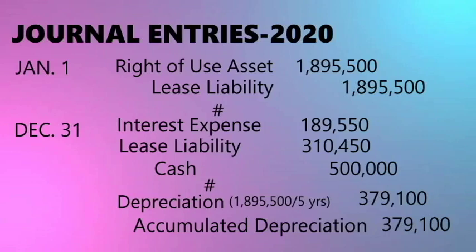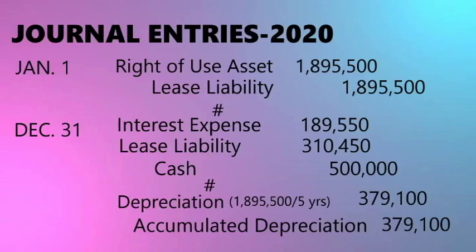So, nung December 31, kailangan din natin mag-record ng depreciation. So, dito, dahil parehas yung amount ng right of use asset and lease liability, yun yung gagamitin natin. Pero kung magkaiba yung amount ng right of use asset and lease liability, ang kailangan natin gamitin is yung right of use asset. Tapos, i-divide natin siya sa 5 years kasi wala namang purchase option at transfer of ownership.